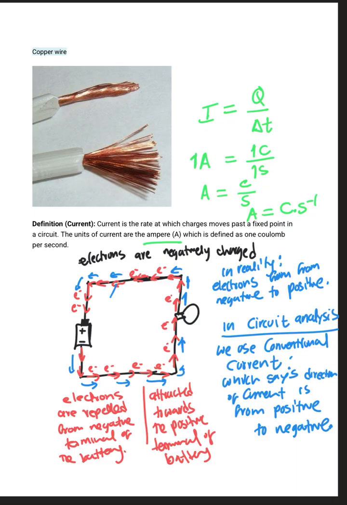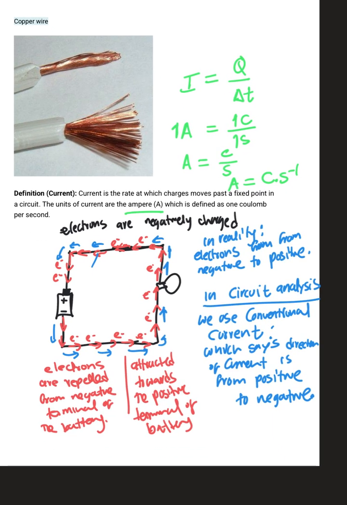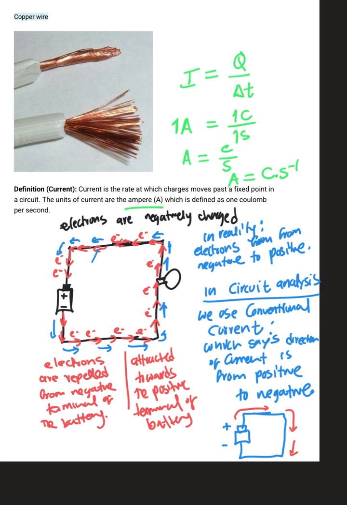So if I have the same circuit here, and this is the battery, positive and negative, the direction of the conventional current goes from positive to negative. So the direction of the conventional current looks like this. This is the conventional current.